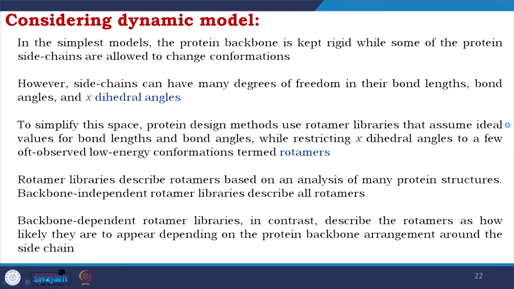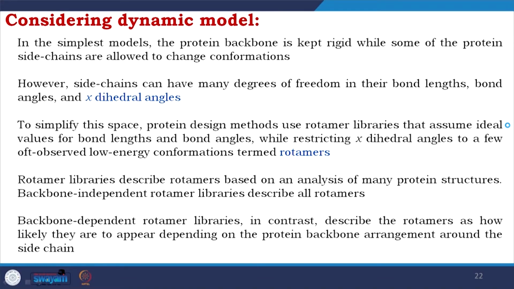So, what is the problem? You have phi and psi, you work on phi and psi, you calculate, you get Ramachandran plot, but when you are allowing to consider the chi's, there are so many chi that your calculation would be very complicated. You need to simplify the case, and to simplify this, protein design methods use rotamer libraries.